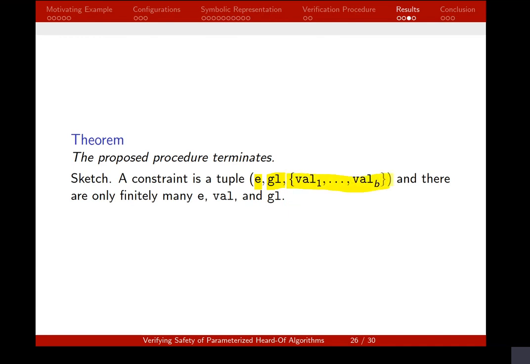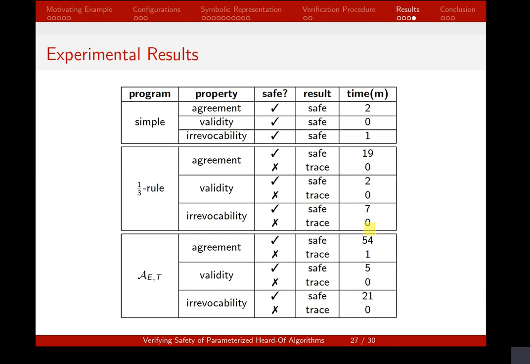Each process group is represented by an evaluation, and we assumed in our work that the values belong to a finite domain. So we are sure that the subsets of it, which are process groups, are also finitely many. So because we generate only finitely many constraints, our approach terminates.